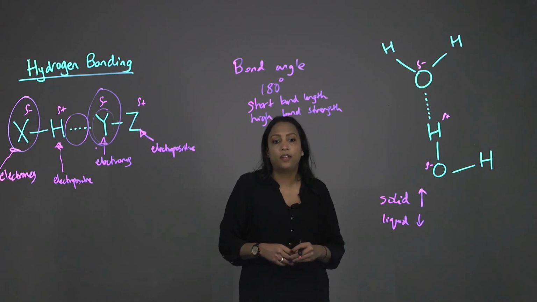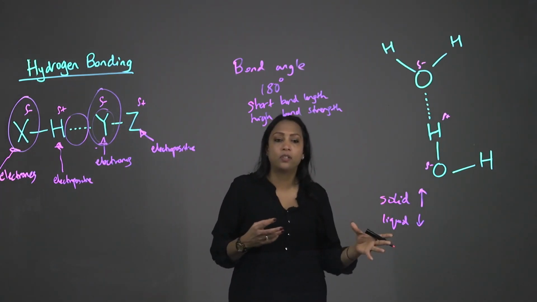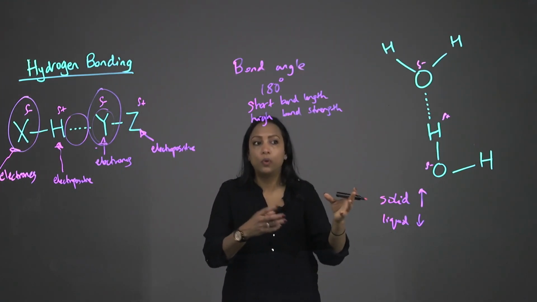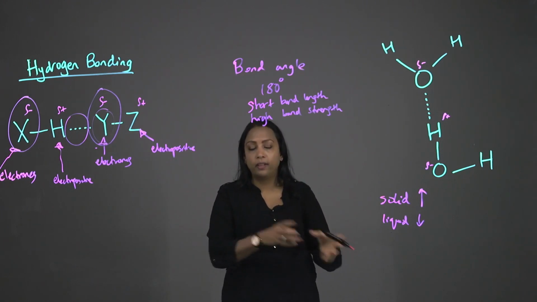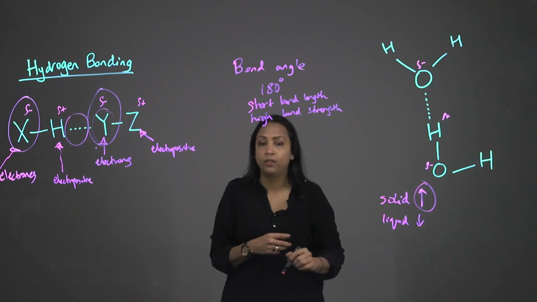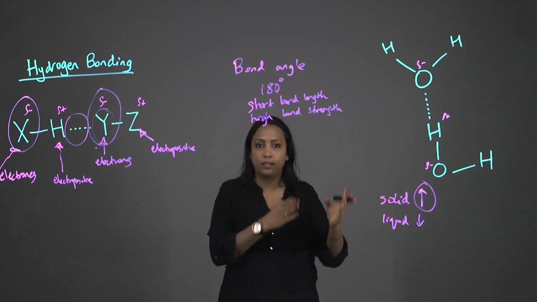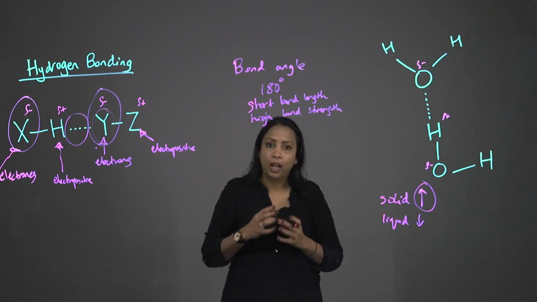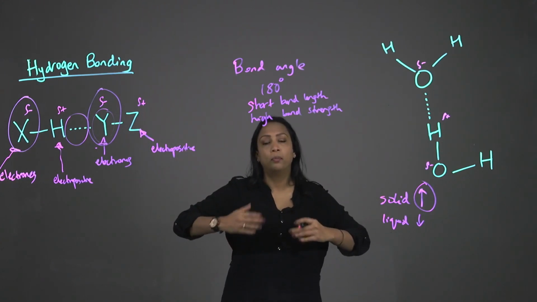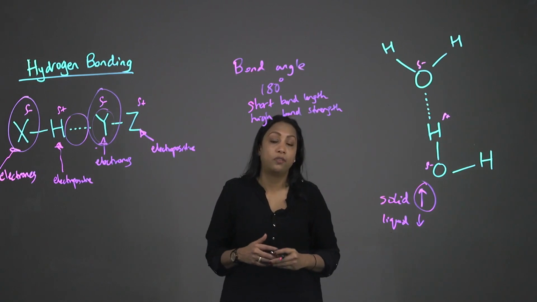So the reason for this is because when water freezes, when we're moving from a liquid to a solid, the hydrogen bonds that are necessarily going to form, because we're increasing the number of intermolecular forces of attraction, because they're forming in a straight line in this linear way, the number of molecules actually occupy a larger volume because they have to spread out to facilitate the linear formation of the hydrogen bonds.